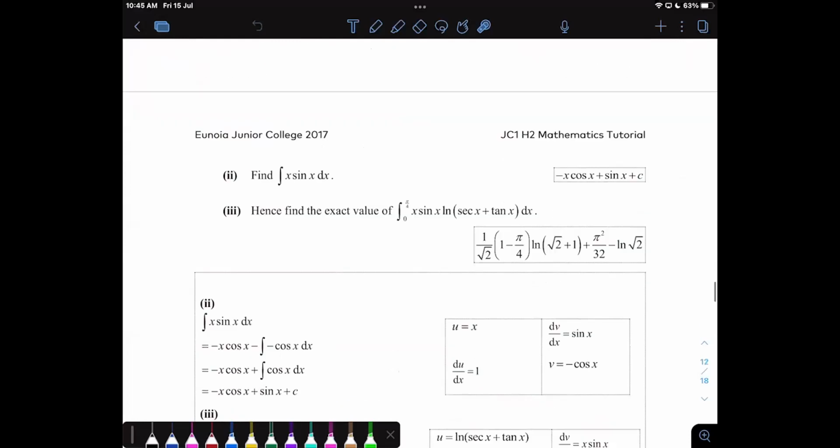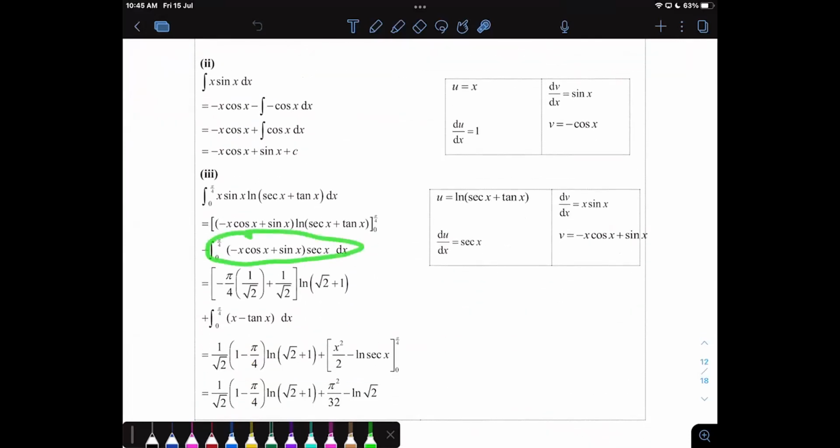Part 3 over here, you managed to get to this part here. That's fine, correct. But here, I highlighted (minus x cos x plus sine x) times secant x. Actually, what is secant x? Secant x is 1 over cosine x, right? So you can actually multiply 1 over cosine x into the brackets. What do you get?